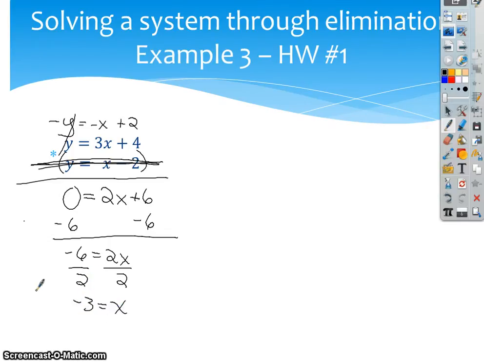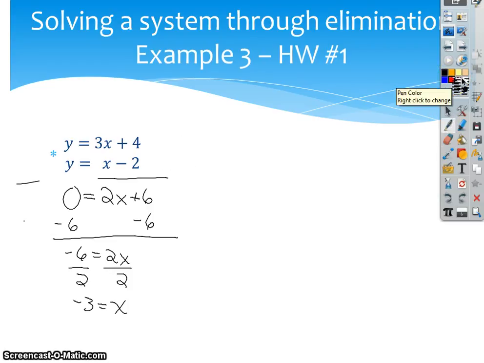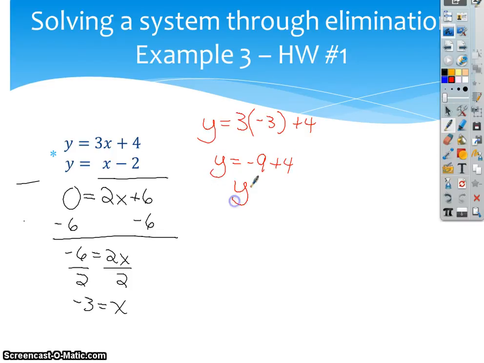We've got a value for x. Let's go ahead. We'll take any of these 3 equations that we have up here, and we can solve. I'm going to actually use both to show you. First, y equals 3 times negative 3 plus 4, or y equals negative 9 plus 4, y is equal to negative 5.